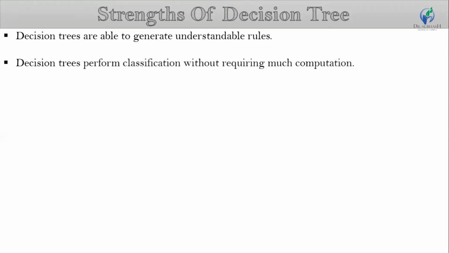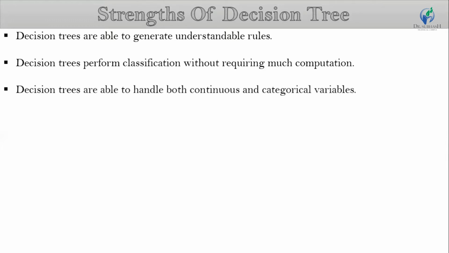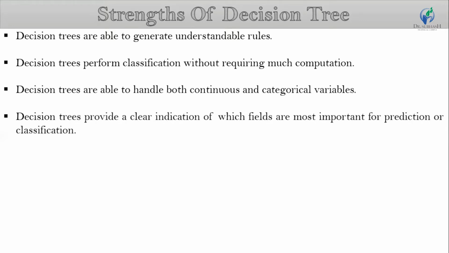Second, decision trees perform classification without requiring much computation. Next, decision trees are able to handle both continuous and categorical variables. Decision trees provide a clear indication of which fields are most important for prediction or classification. Next, a decision tree does not need scaling of information.